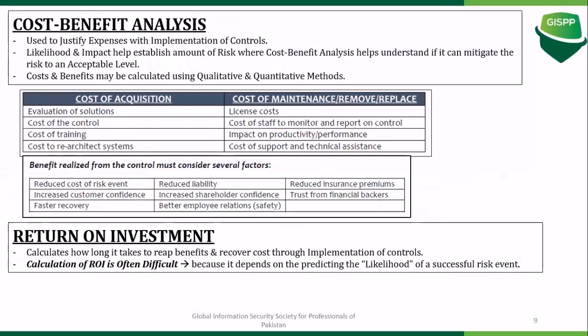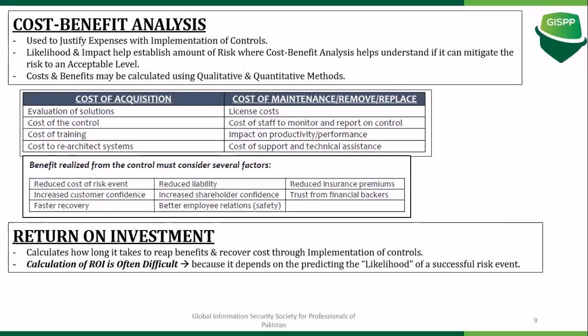The first one is the cost benefit analysis. This is used to justify the expenses of the controls, because whenever you are going to purchase or think of deploying a certain control, you have to evaluate what is the cost associated with that.